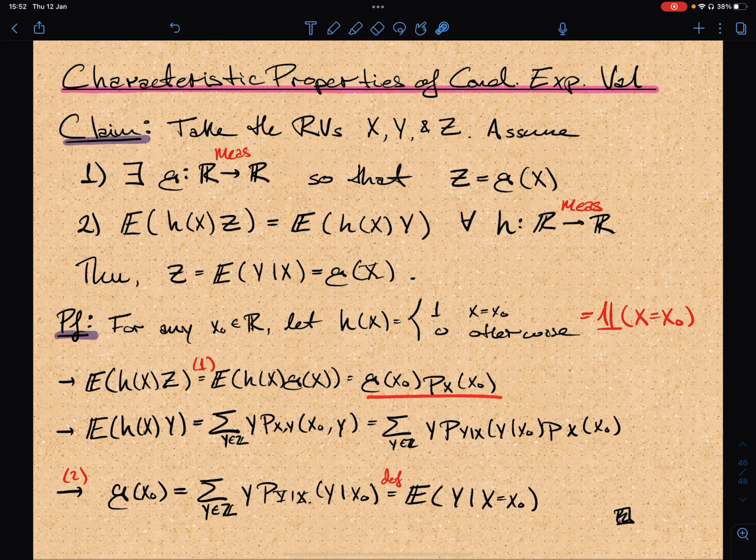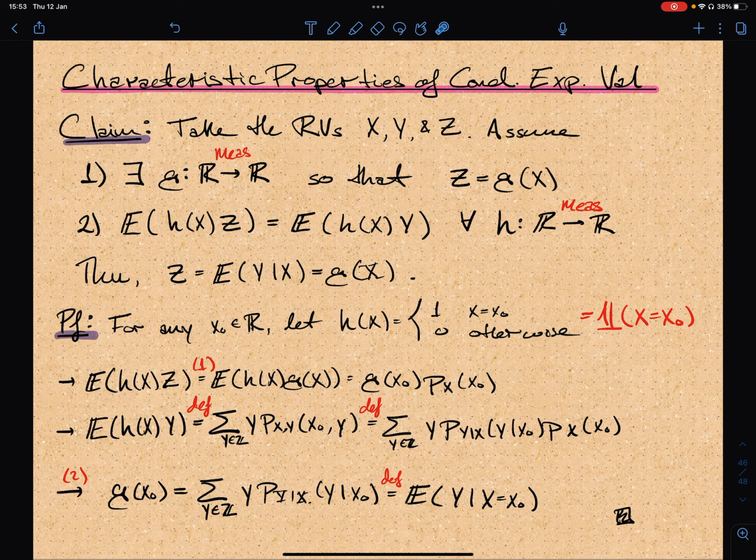Now, we want to compute the right-hand side of this equality, and this is going to be the expected value of h of x times y. And here I just use the definition of expected value using the joint density distribution. And then, moreover, I use the definition of the conditional distribution to rewrite this joint into the product of conditional times marginal.